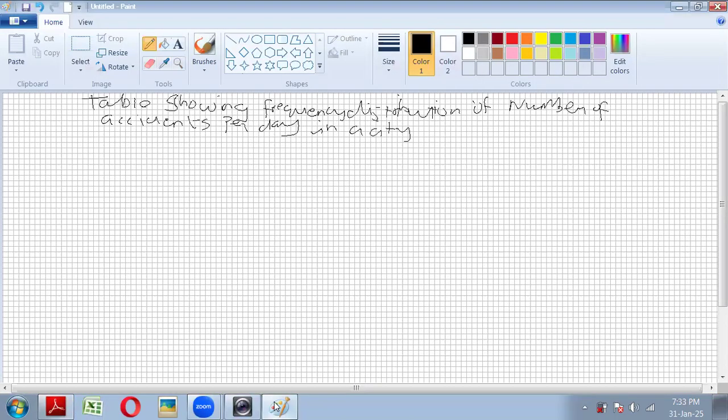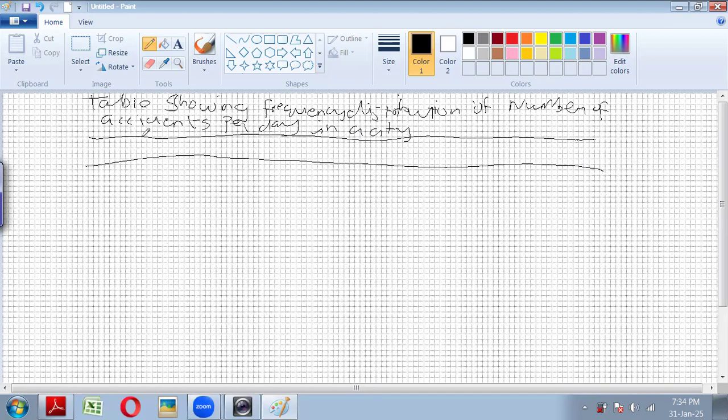तो बेस्ड ऑन दैट we will make columns. So how to make columns? Number of accidents.